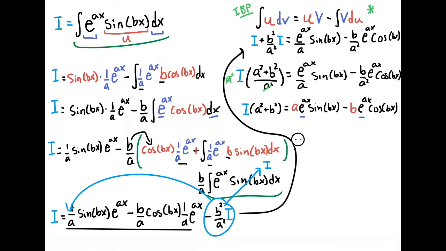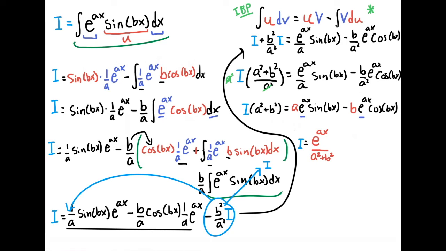So finally what we have here is I is equal to, I'm going to factor out that e to the ax, e to the ax. I'm going to divide both sides by a squared plus b squared over a squared plus b squared.